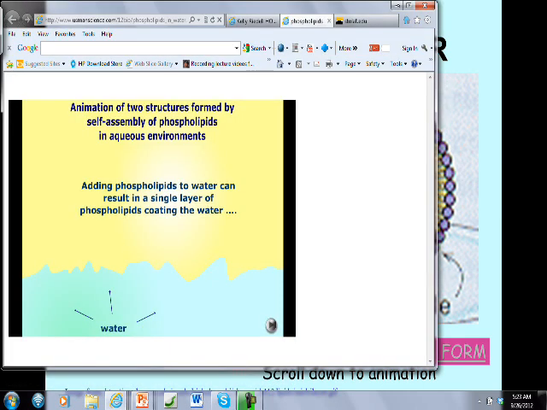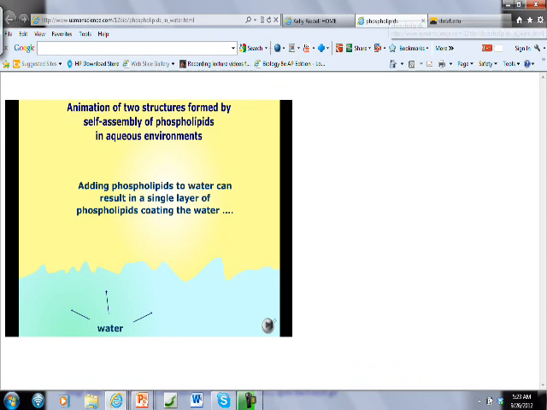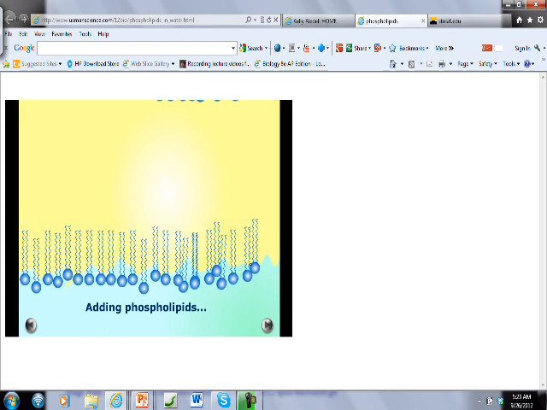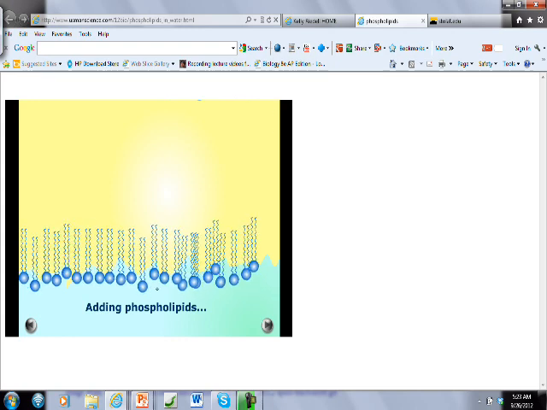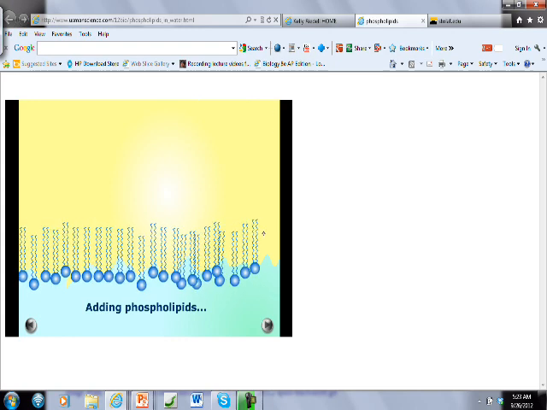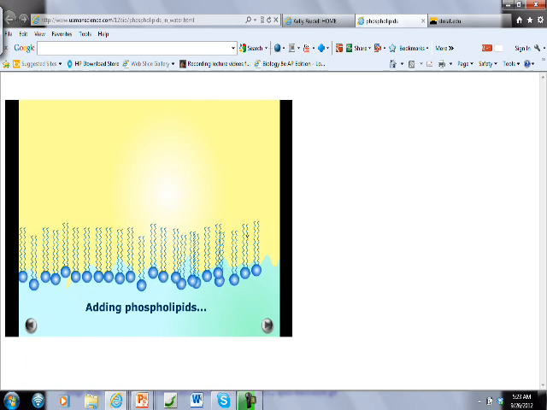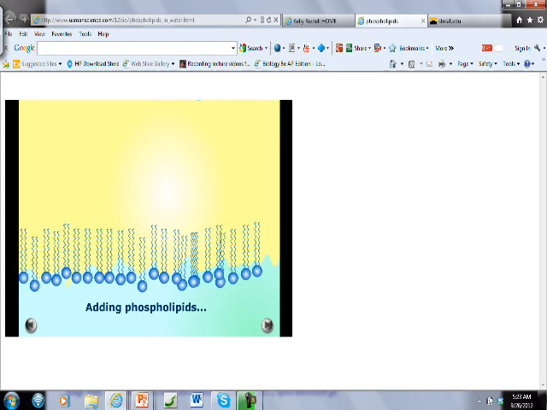If you look at this little animation, what we're showing is what happens to those phospholipids. If I put a phospholipid into water, remember the heads like water, they're going to want to touch and be near the water. But those phobic tails do not like water. They want to stay as far away from water, and they actually will stand on their heads and stick those phobic tails up away from the water.